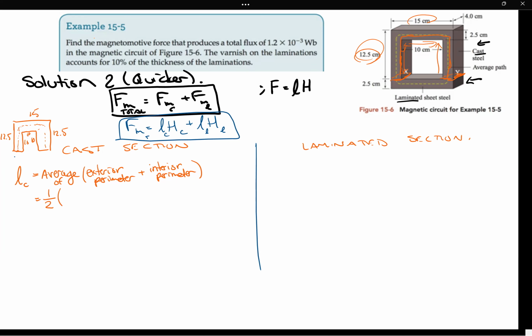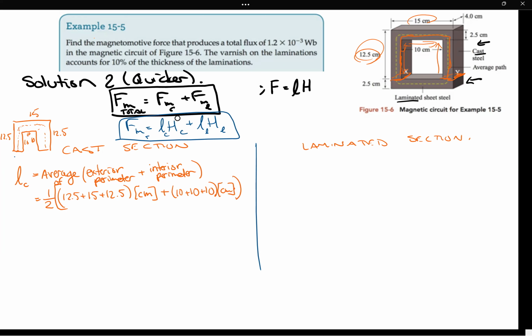So 1/2 of exterior is 12.5 plus 15 plus 12.5. What are we working in? Centimeters. Plus 10 plus 10 plus 10 centimeters.